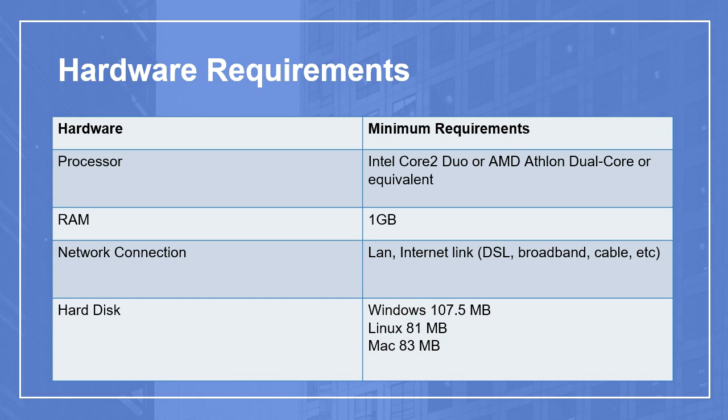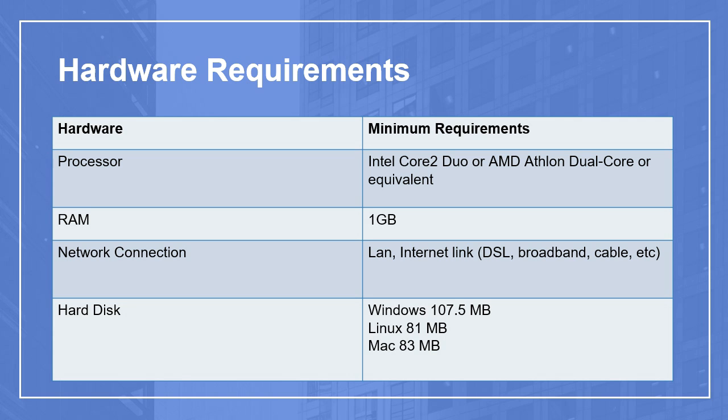Moving on to the hardware requirements, beginning with the processor, the minimum requirement is an Intel dual core or an AMD Athlon dual core. Anything equivalent to that, what matters is to have two cores.